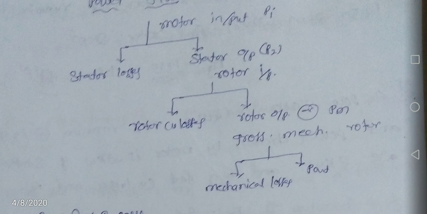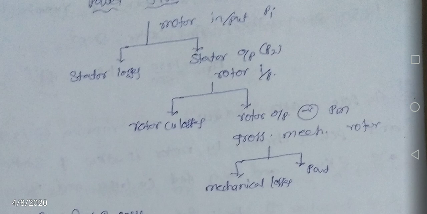So this is the power flow in an induction machine. A three-phase line supply is given to the stator. Some power wasted in the stator is called stator losses, and the remaining power sent out from the stator is called the stator output, which is P2.